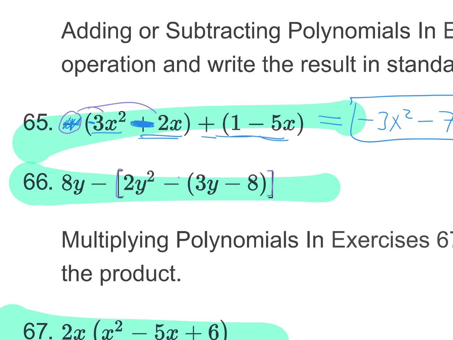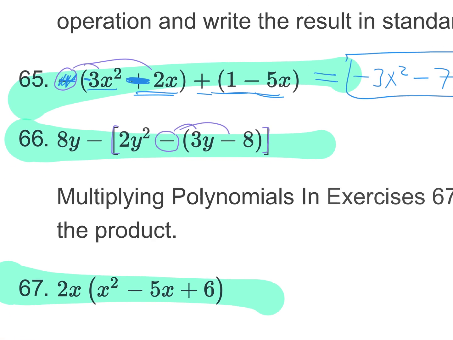And it looks like to simplify it, I have a negative on the outside. That's just going to go to each of my terms on the inside. So this is going to become 2y squared minus 3y plus 8. All right, and then I still have that 8y minus on the outside.